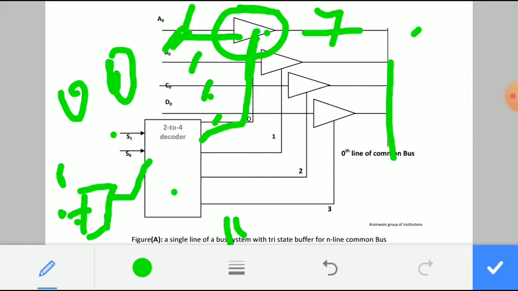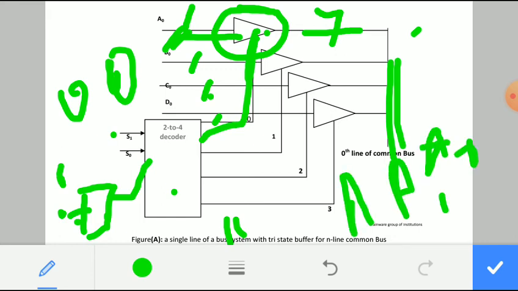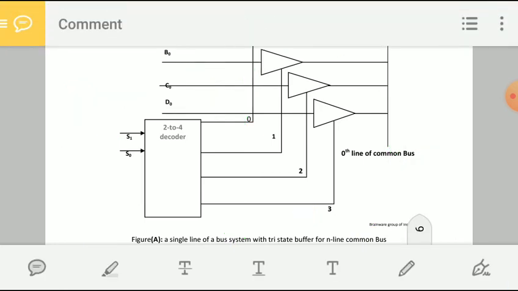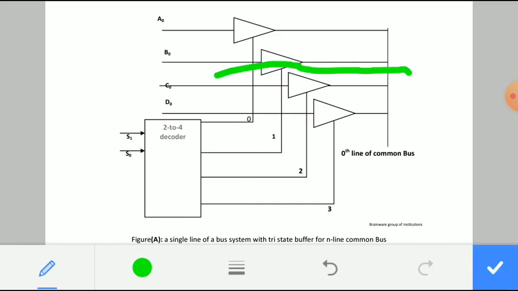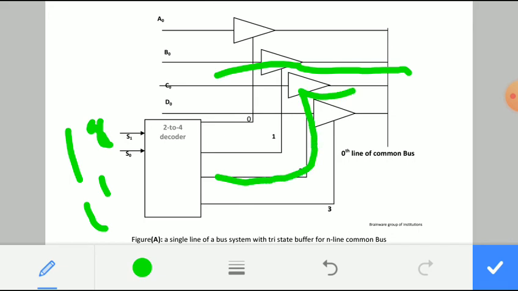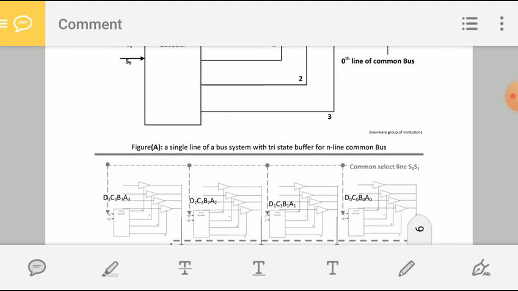So the common line can contain A0, A1, A2, A3. For 0 1, it selects the B path. For 1 0, it will select C, and for 1 1, it will select D. So this type of data can be forwarded.